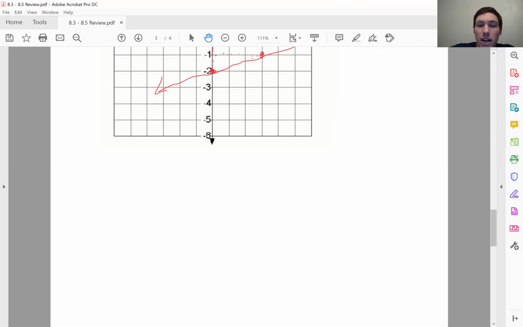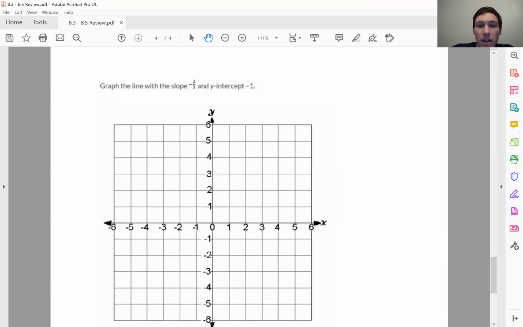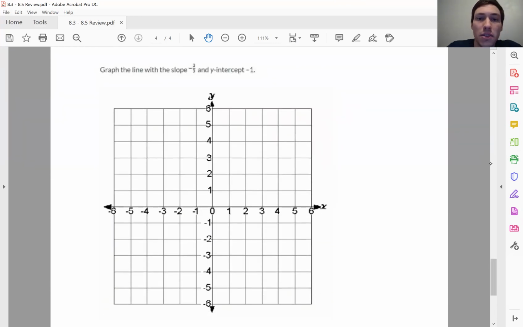So you just find the graph that looks like that. Now, I also gave you a case where it's negative. In this case, my y-intercept is still -1, so I go down 1. But in this case, my slope, m, is -2/3. And remember, this is up, down, and this is left, right. So in this case, it's -2, so that means down.